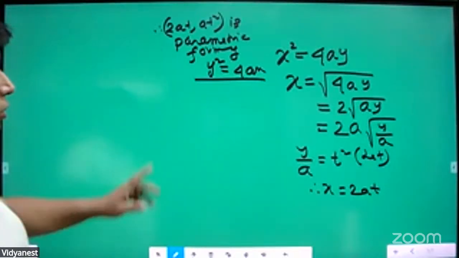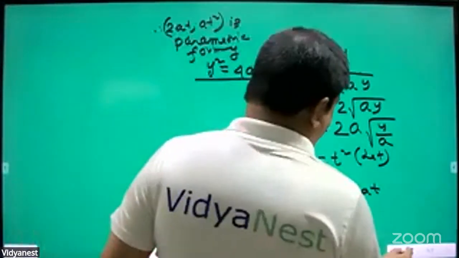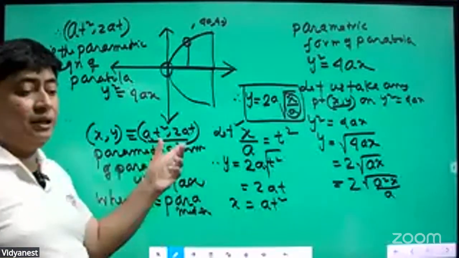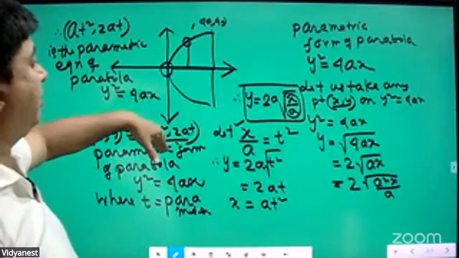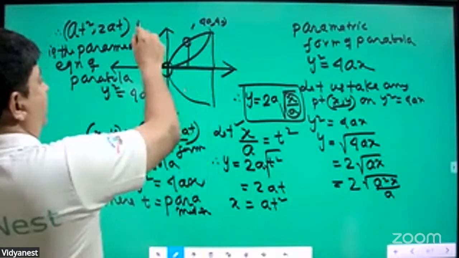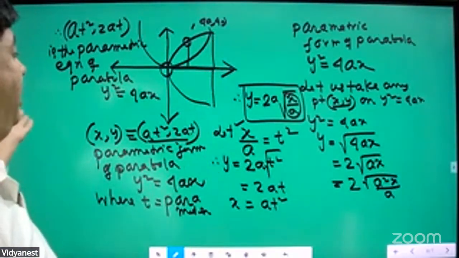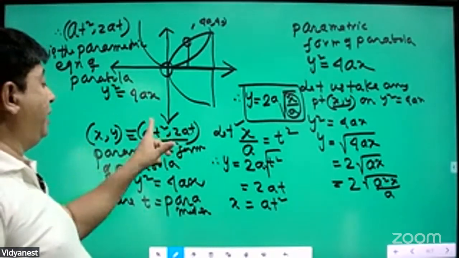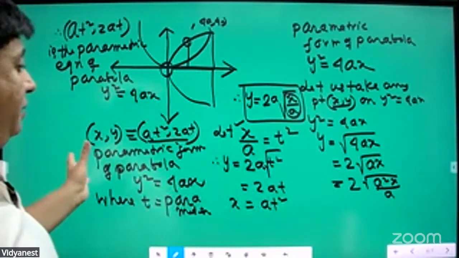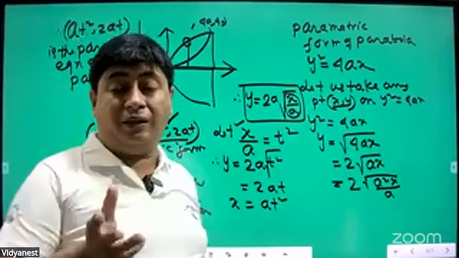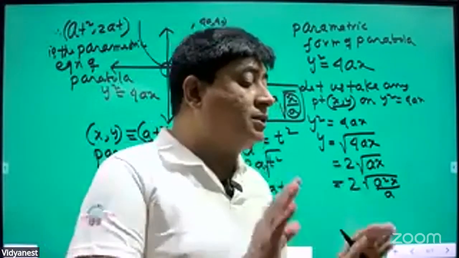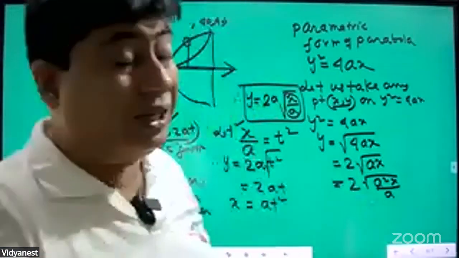Okay. So, from these two results, what can I comprehend? (at square, 2at) is the parametric form of y square is equal to 4ax. And if you reverse, replacing x by y and y by x, then 2at will become the x component, at square will go to the y component. Again, the relations y square is equal to 4ax and x square is equal to 4ay are symmetrical with respect to y is equal to x. So proved.